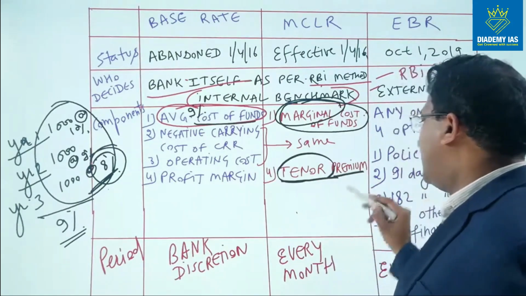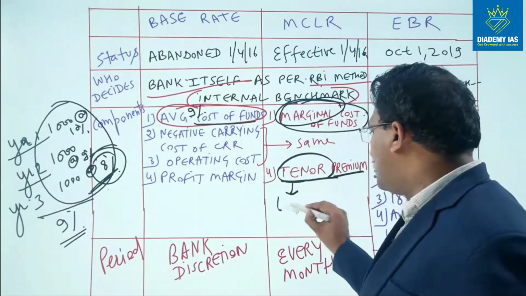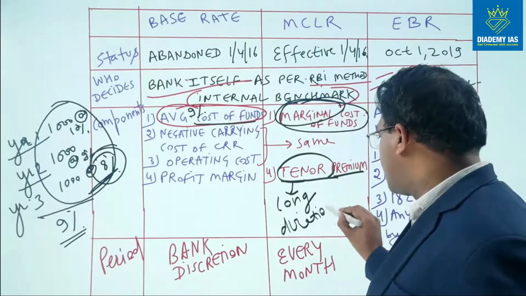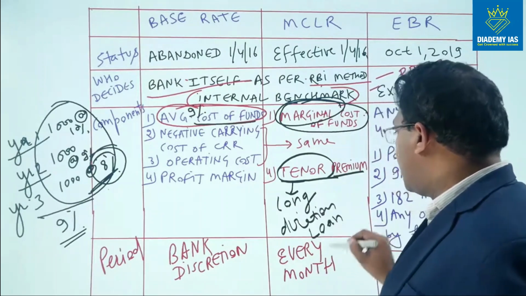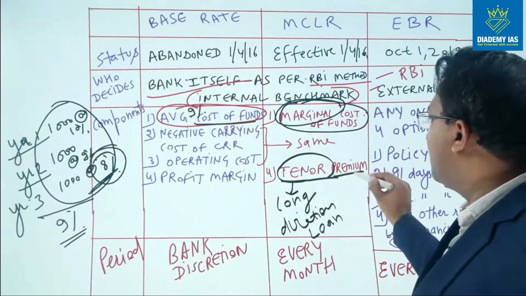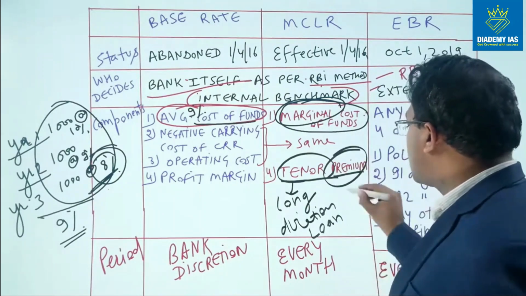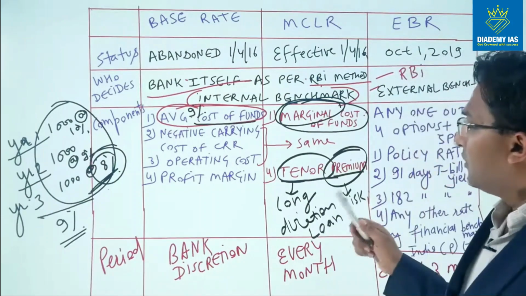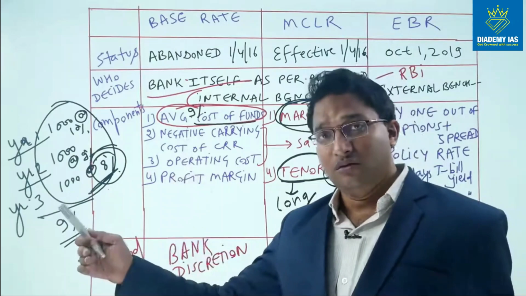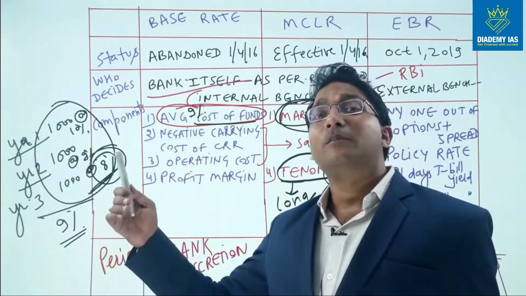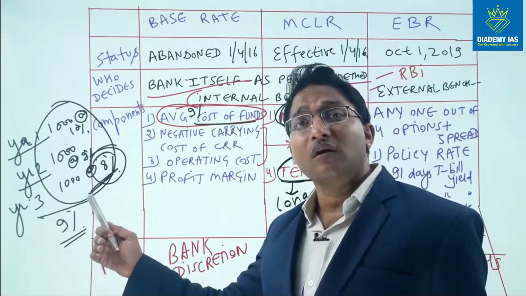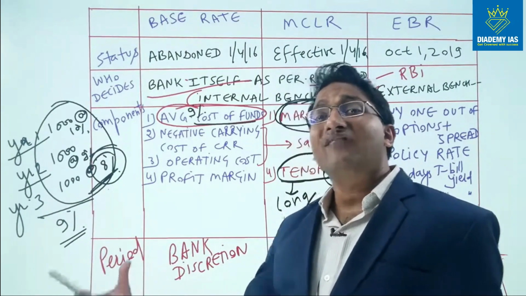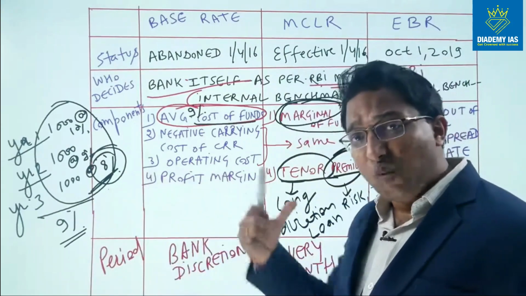What is the meaning of tenor premium? Tenor stands for long duration loan. Premium means the extra cost because of extra risk, right? So when the loan is for long duration, then the bank has more risk of not receiving back the loan.